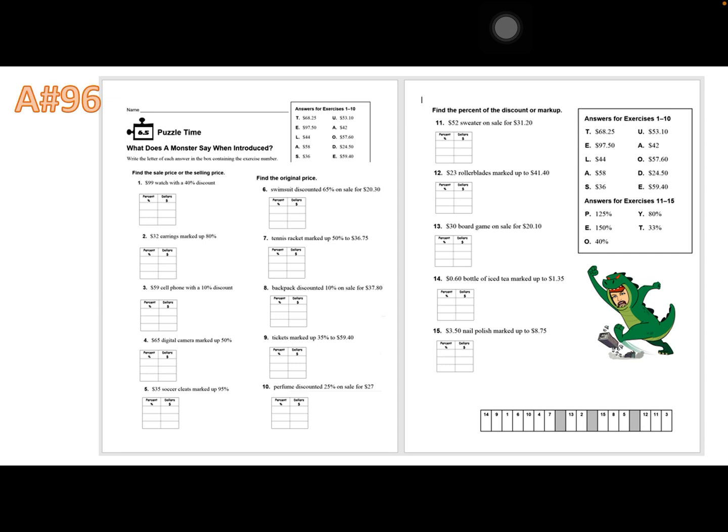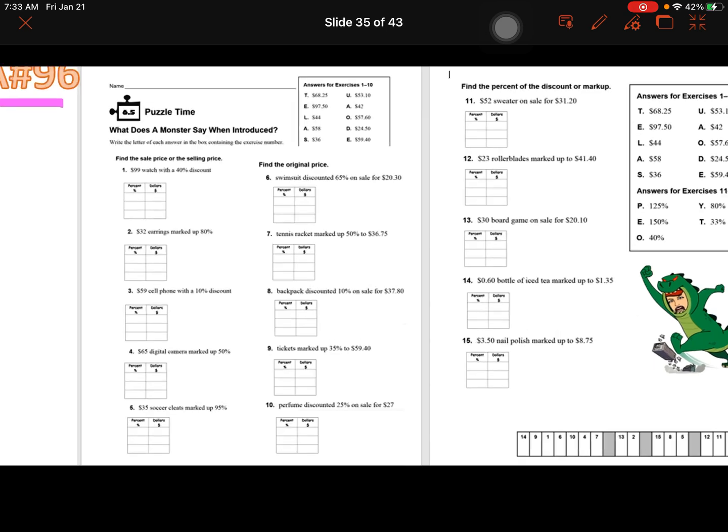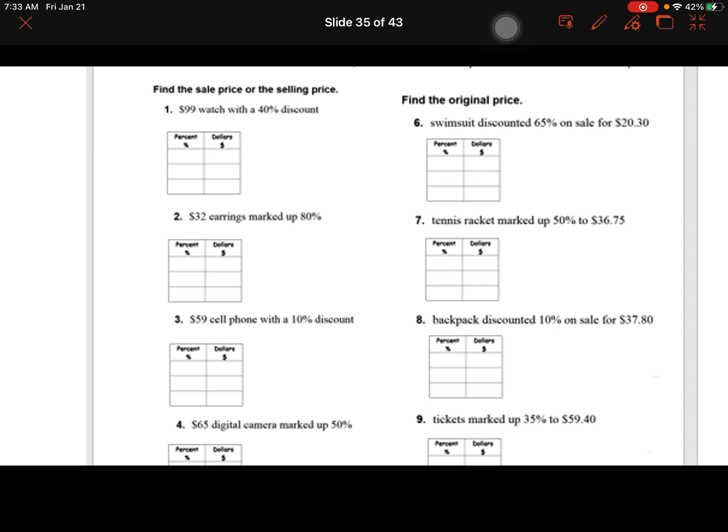All right, your homework for today is a puzzle time. I want to draw attention to your puzzle time. This is assignment 96, so have your teacher pass that out to you now, or you guys print it off. But what you need to be paying attention to is we just talked about markup, but lesson 6.5 was both markup and discount. So when you look closely at your homework, this first column says find the sale price or the selling price.